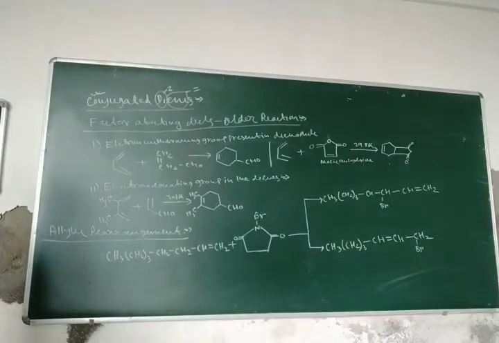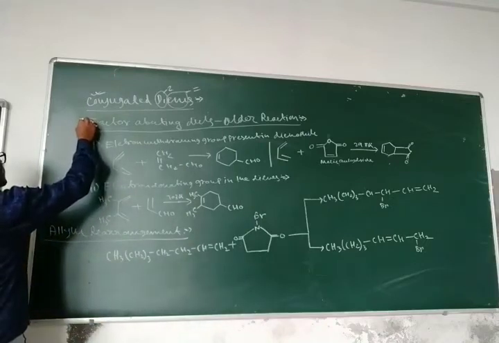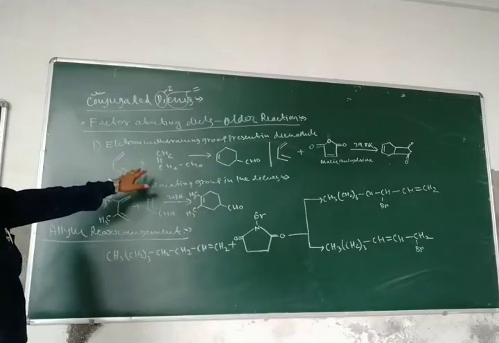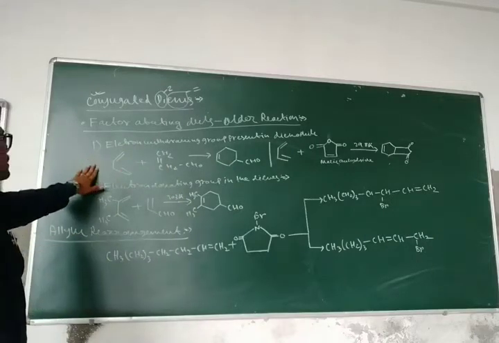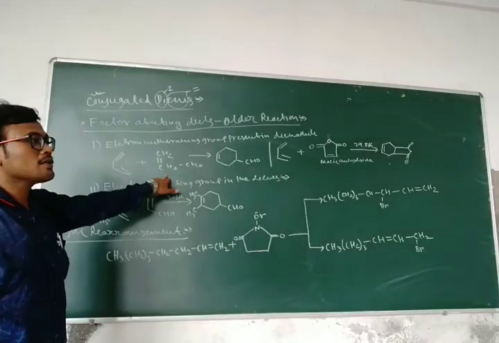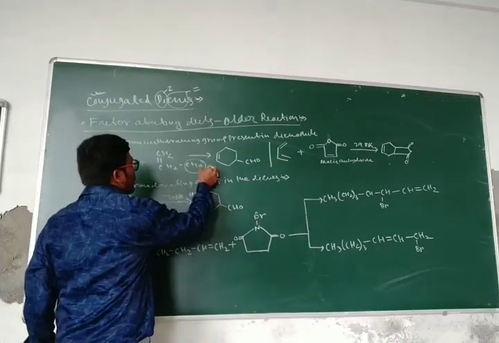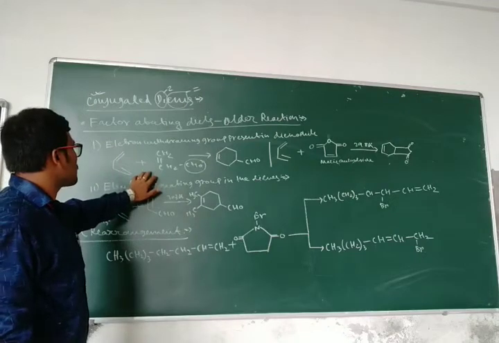Come to the next topic, that is factors affecting the Diels-Alder reaction. Okay, which types of factors does the Diels-Alder reaction depend on? Okay, so first thing, the 1,4-diene reacts with dienophiles which contain one electron withdrawing group. Already I told you about the mechanism of this reaction. What will happen?